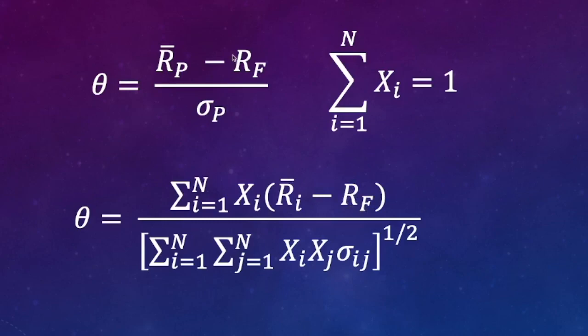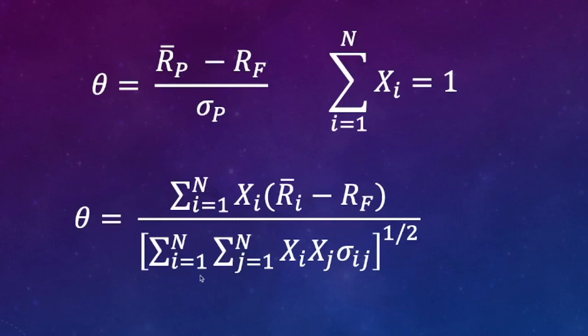So initially RF was outside this summation, but its coefficient is 1, and if we replace that coefficient by the sum of xi, then we can take the xi common outside of this equation, and then it will look something like this.